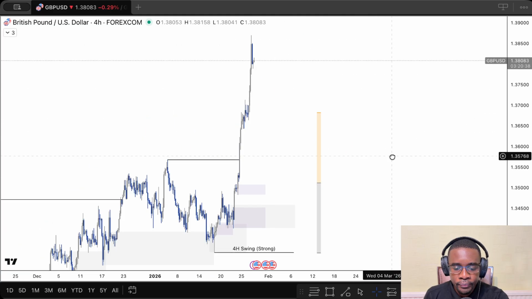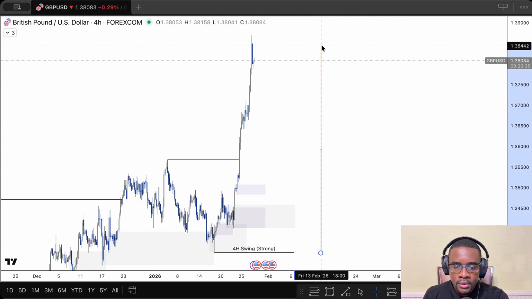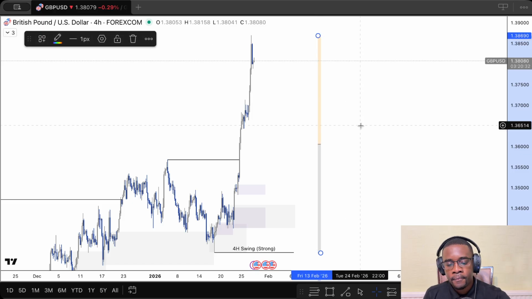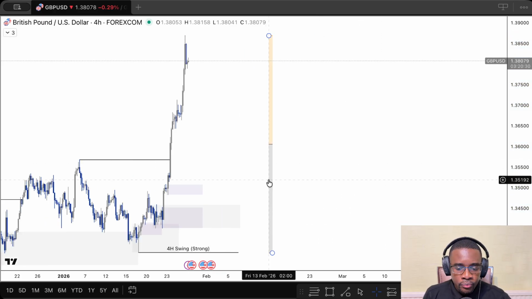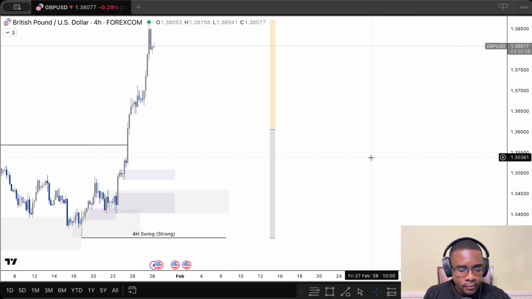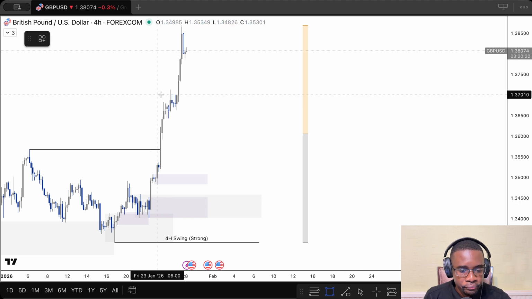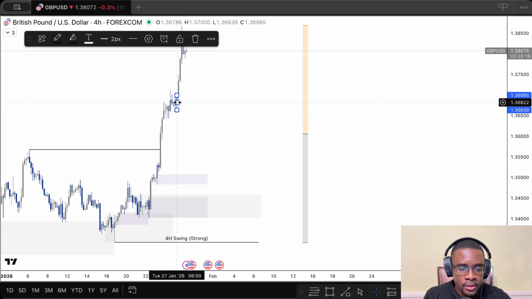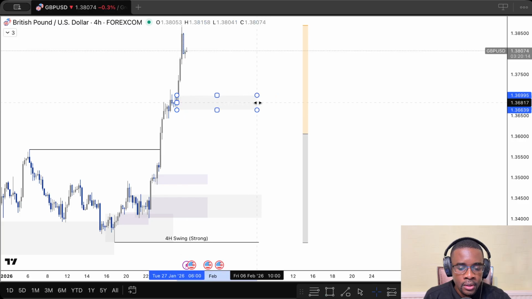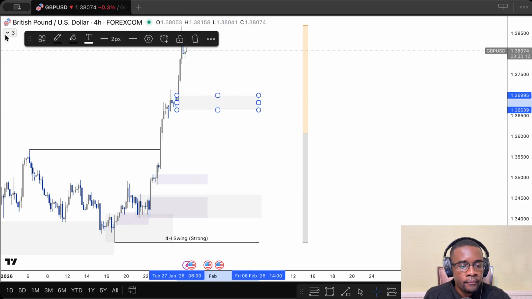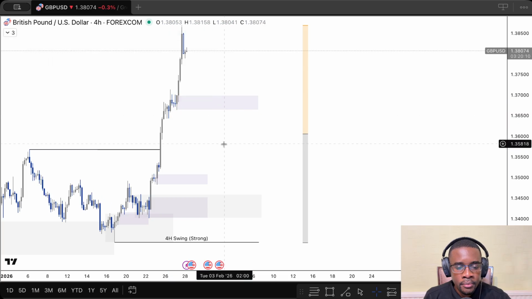This means currently this is the whole range. So what do we see? This area has had a strong break with strong bullish price action right there. So that's my 4-hour POI.